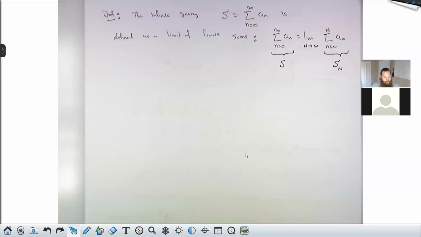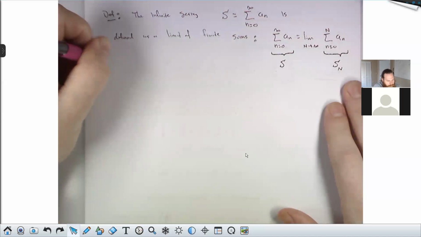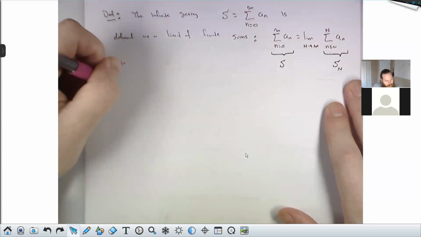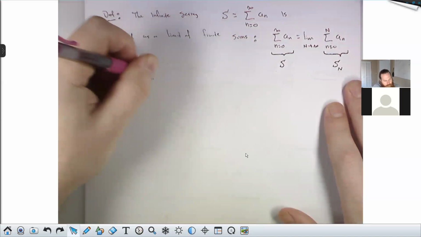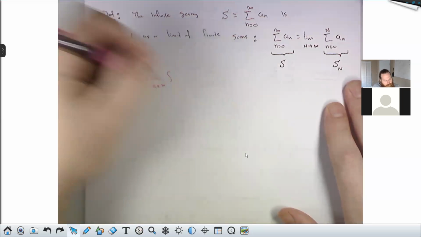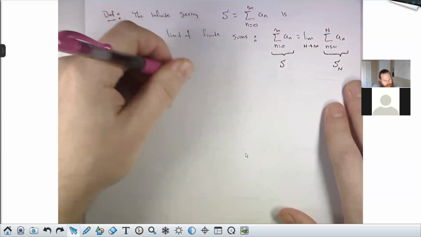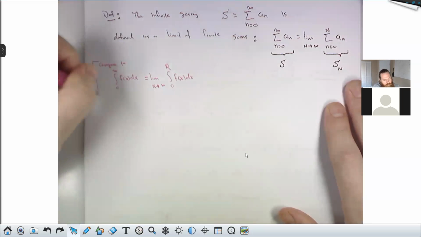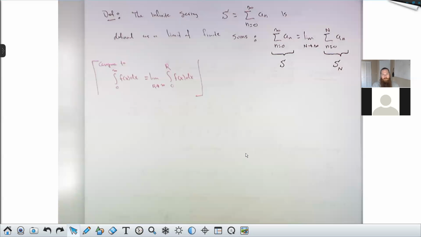And you should compare this. The integral from 0 to infinity of f of x dx being defined as the limit as r goes to infinity of the integral from 0 to r f of x dx. Very, very similar things, right?